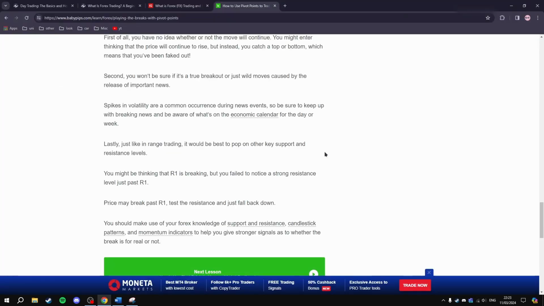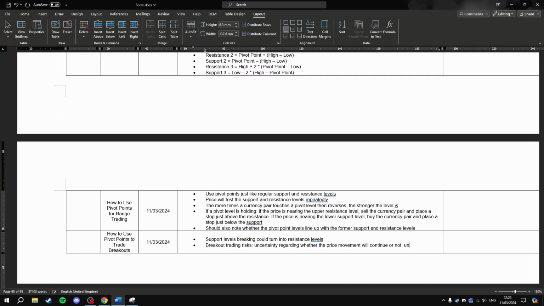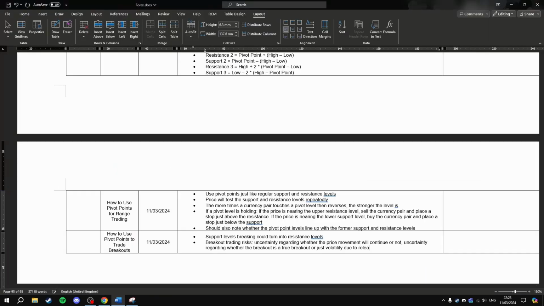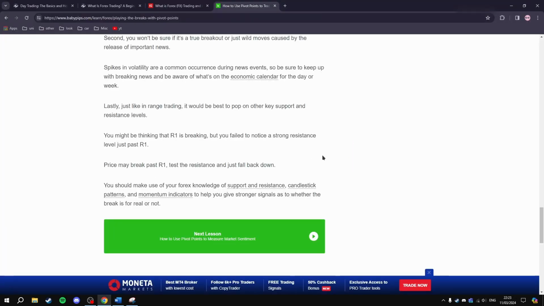Uncertainty regarding whether the breakout is a true breakout or just volatility due to the release of important news. Spikes in volatility are a common occurrence during news events, so be sure to keep up with breaking news and be aware of what's on the economic calendar for the day or week.